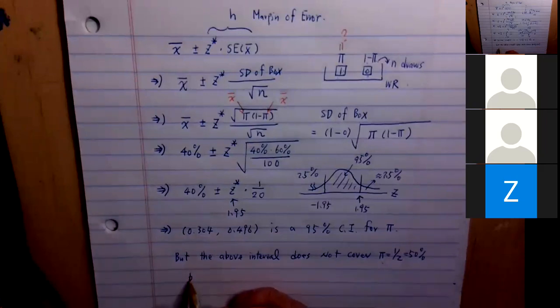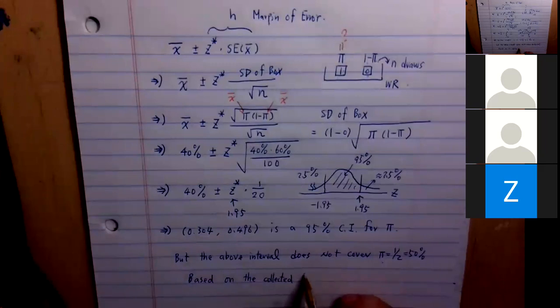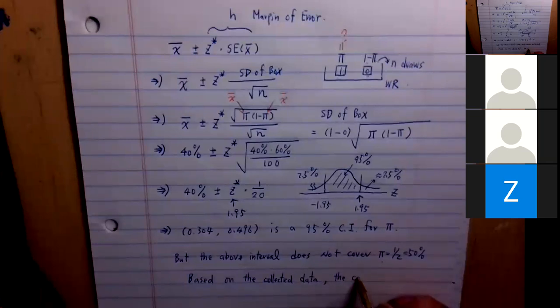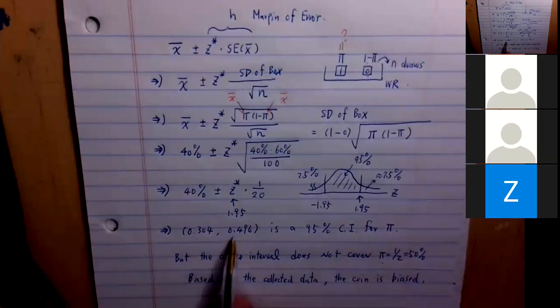So based on the collected data, the coin is a biased coin, okay? Because this interval does not cover 50%. This is called interval estimation, okay? I'm going to stop here for 2 minutes. Think about this.